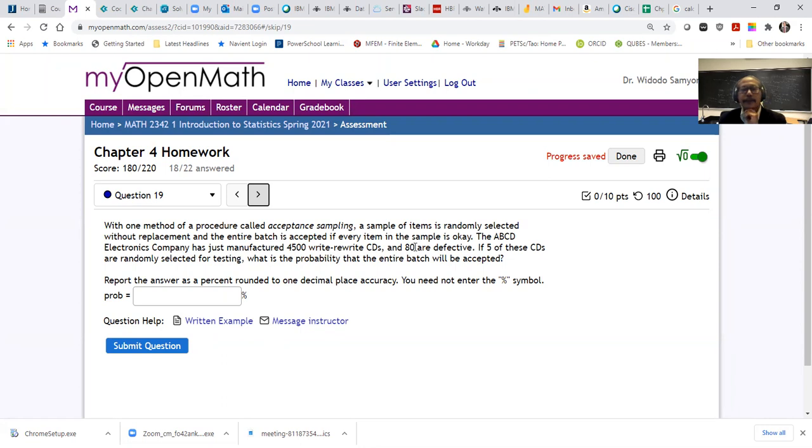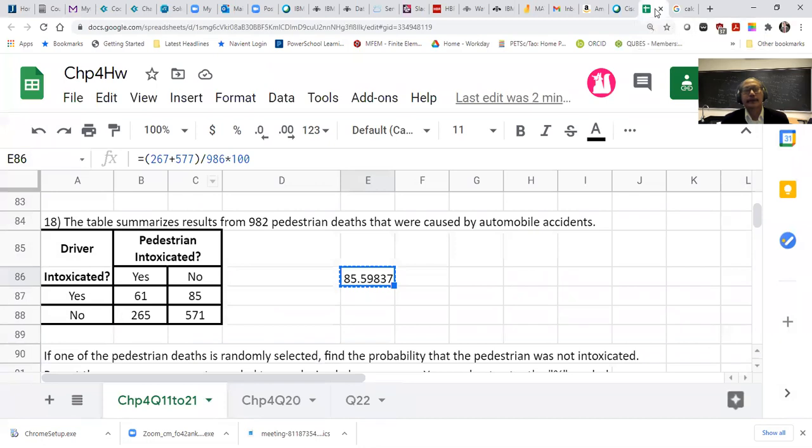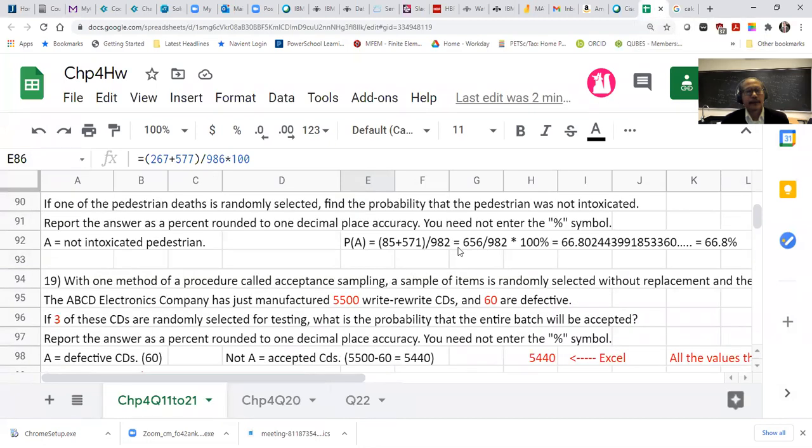So if you subtract it with this, you can put it here. What is that number? 19, right? You can see it down here.